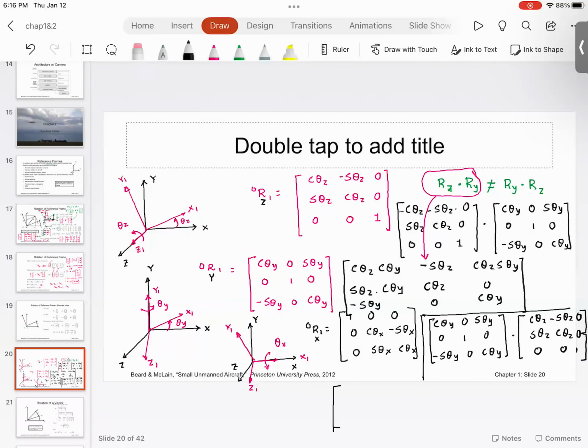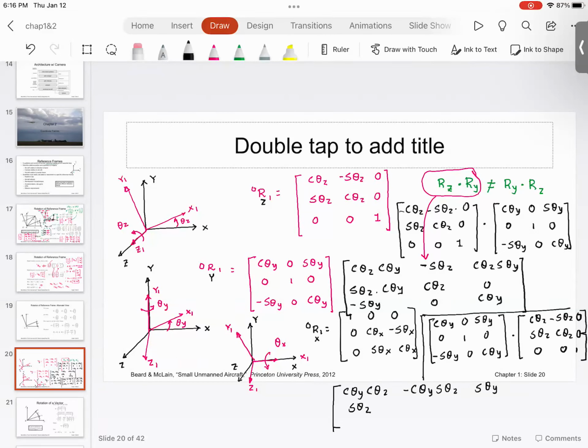Okay. So cosine theta z, cosine theta y, cosine theta z. Then I get cosine theta y minus sine theta z. Then I get sine theta y. Next, I get sine theta z.